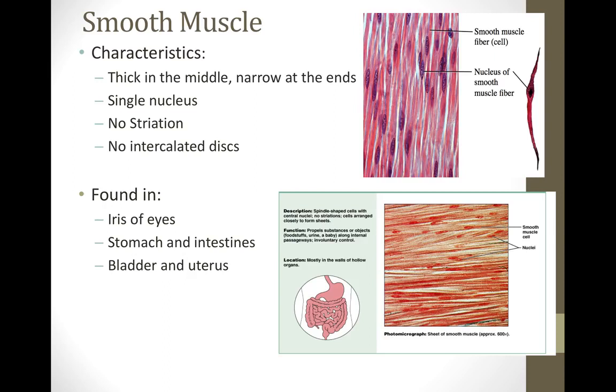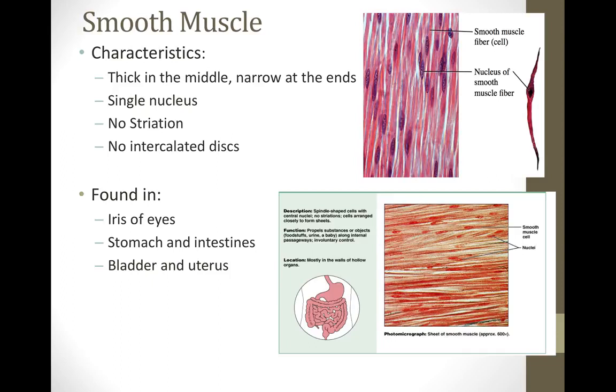So let's start with smooth muscle. Smooth muscle cells are a spindle shape, which basically implies that they are thicker at the center, and as you go to either end, they thin out. These cells carry a single nucleus because their size is relatively small, and one control center is enough.